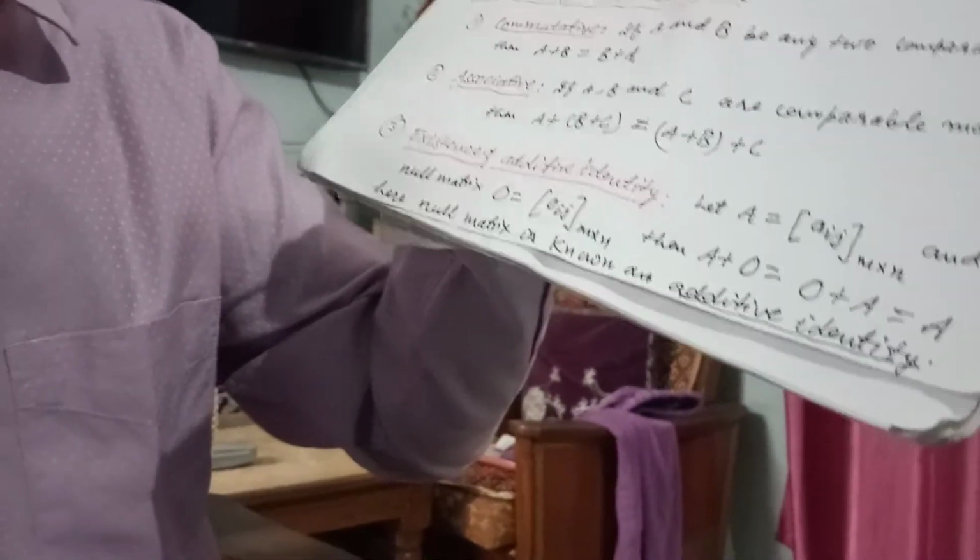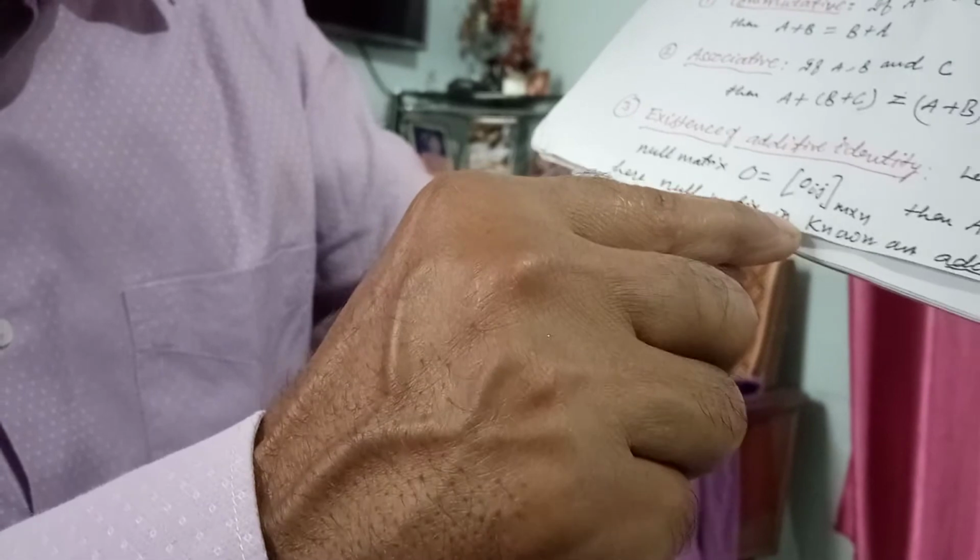How do we write it? A plus O matrix equals O plus A, that is A. It means the null matrix is known as the additive identity for the given matrix A. Like in the number system, we know that 2 plus 0 equals 2, 5 plus 0 equals 5.